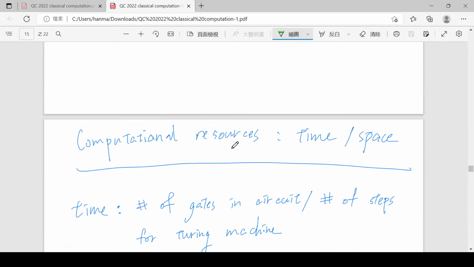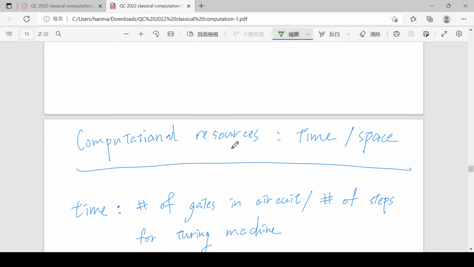And there can be all kinds of resource. So for example, we think about training a deep learning model, or mining Bitcoins. There are resources like how many GPUs you need to use, how much energy, and how long it takes. So those three things.